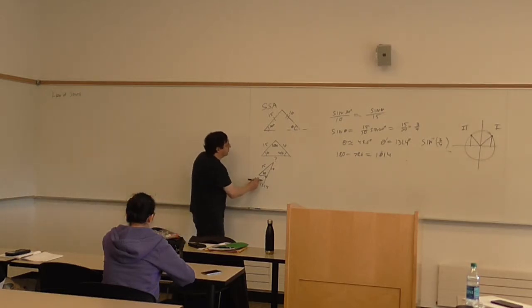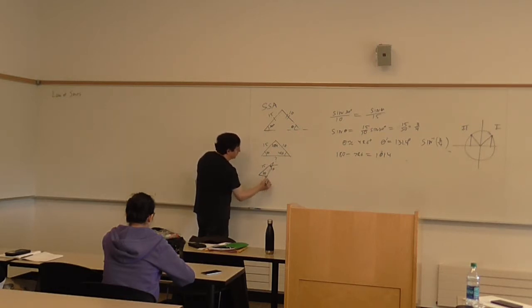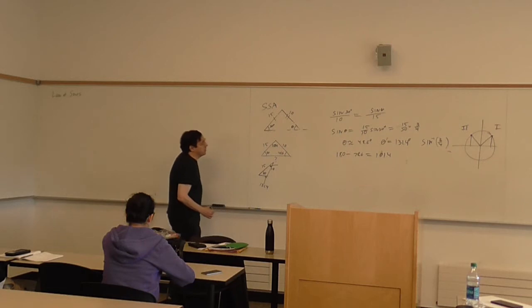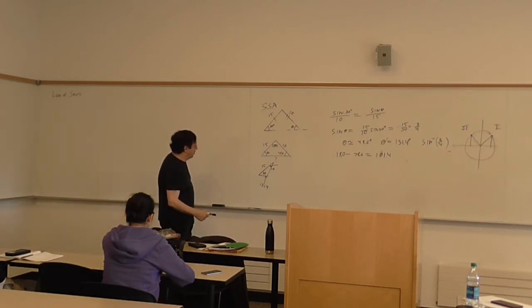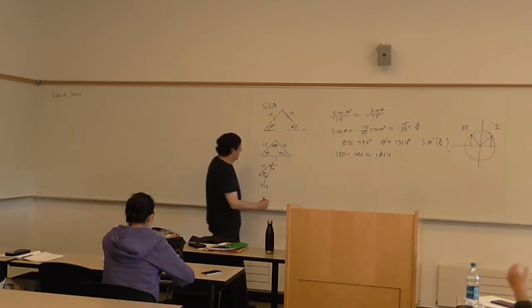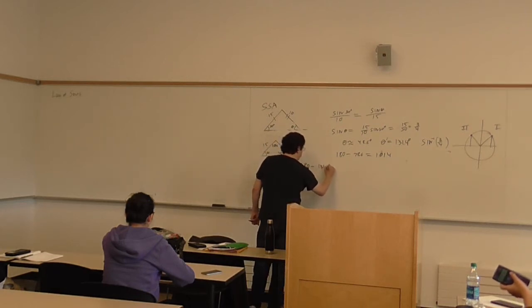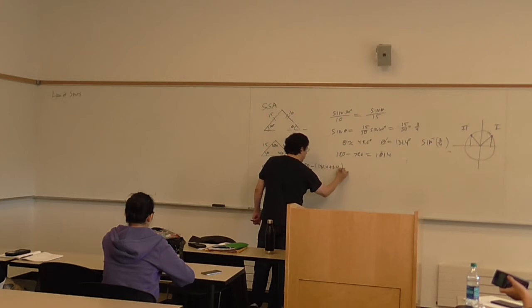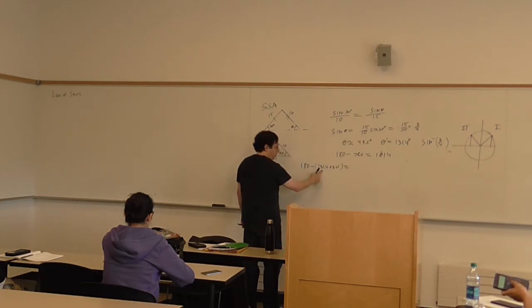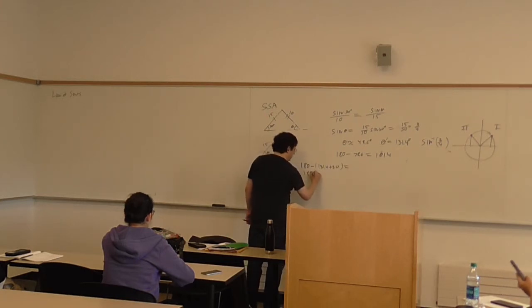We can go on. If this is 30 and this is 131, we can find this angle, which is not going to be 101 anymore. It's going to be 180 minus 131.4 plus 30, so that's 161.4.